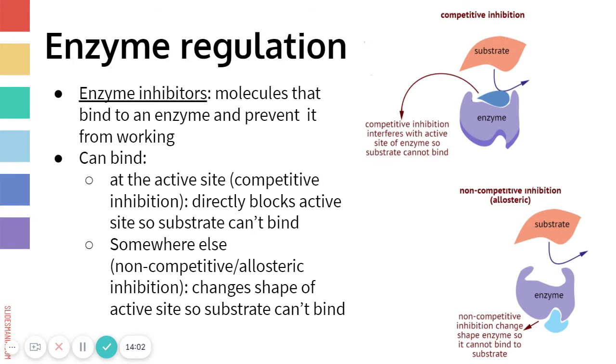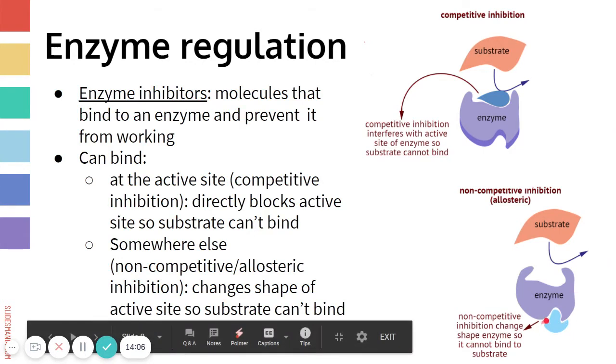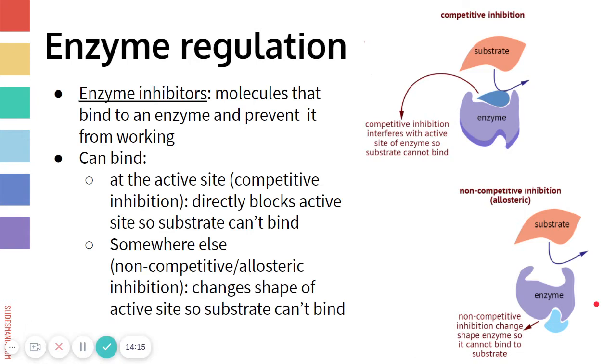The other way that it can happen is if the inhibitor binds somewhere else. So here you can see that the inhibitor is not binding at the active site. The active site's still totally empty, but by binding to this other region, and we call this an allosteric region, it's going to change the shape of the active site itself so that now the substrate doesn't fit there anymore.